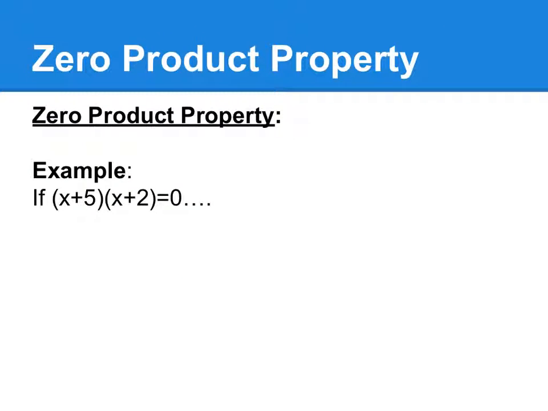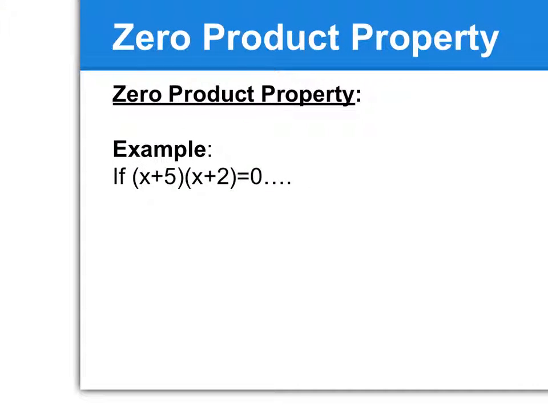Before I start talking about anything, I want to introduce to you my friend, the zero product property. Now we're going to use this. Pretty much what it tells us is that after factoring, for example, let's say we end up with x plus 5 and x plus 2 equals 0.